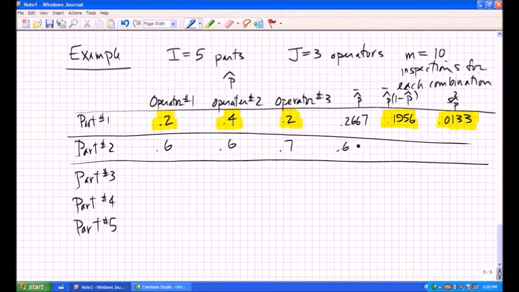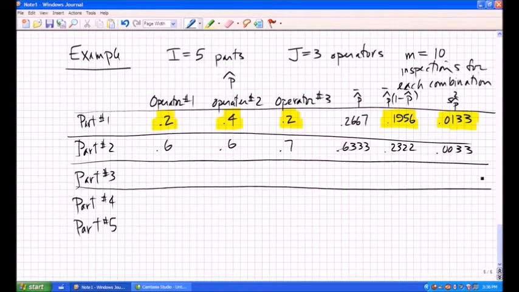Those average to 0.6333, and if I take 0.6333 times 1 minus that, I get 0.2322, and if I compute the sample variance of 0.6, 0.6, and 0.7, I'll get 0.033.